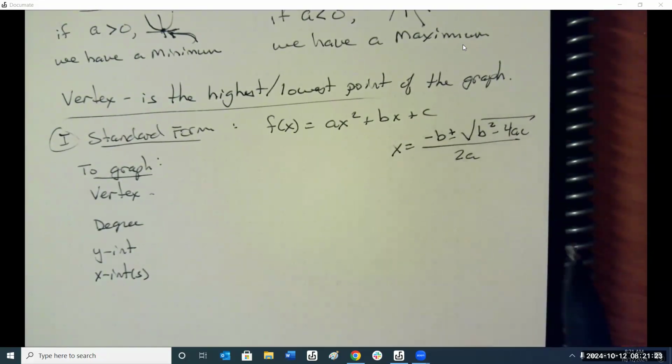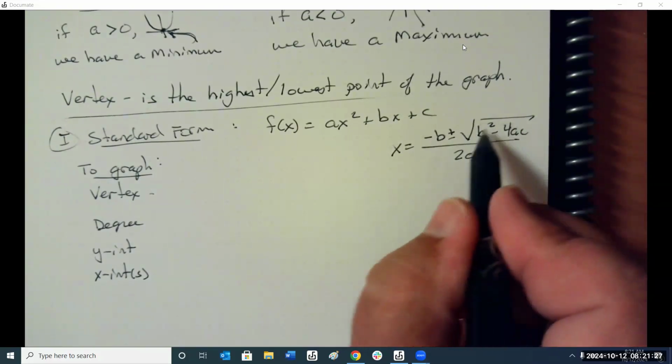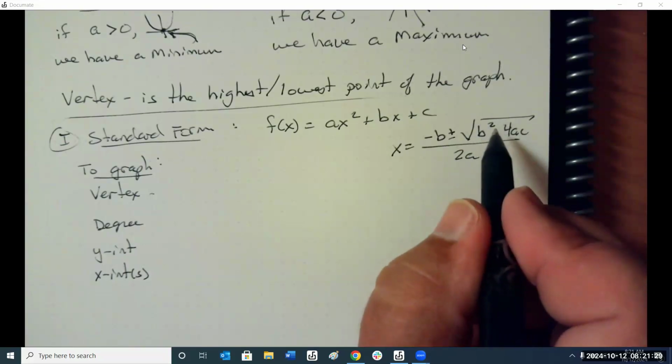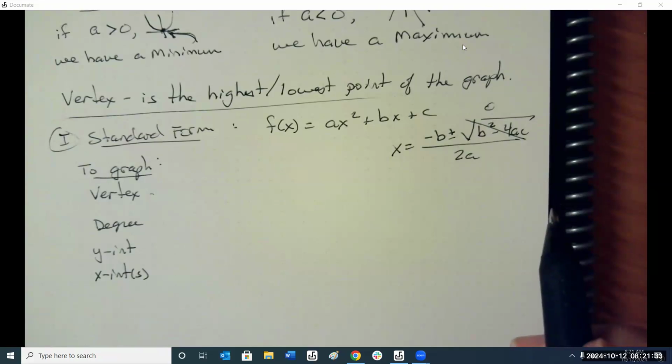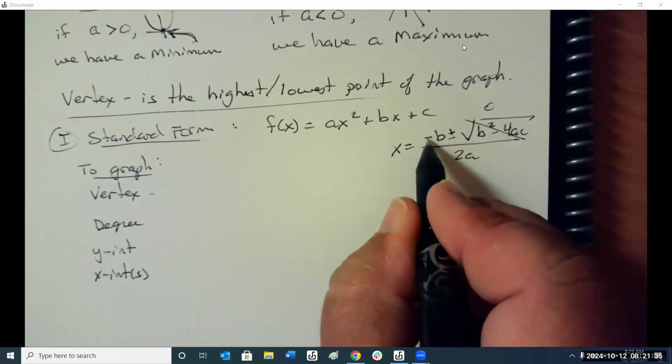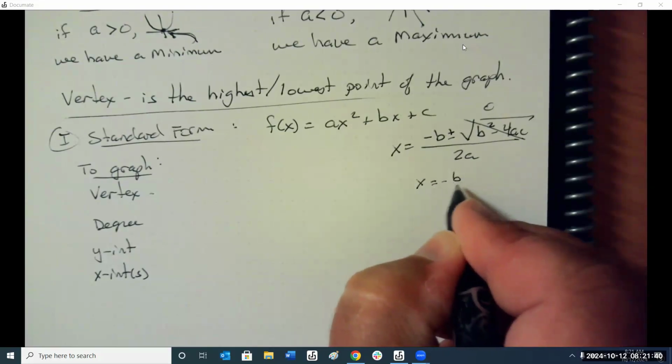The vertex is already built into this. If the discriminant, that part in here, equals 0, then what we have left is negative b over 2a.